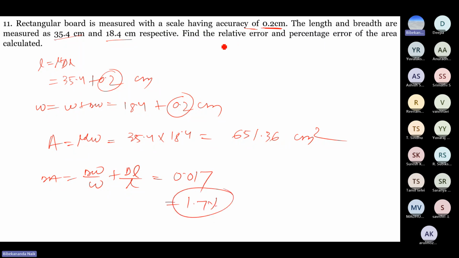So the relative error, delta A by A, is 0.017, and this is the percentage error.